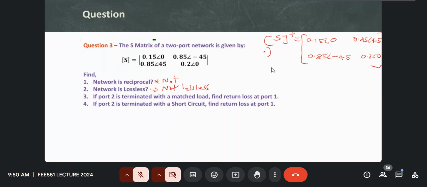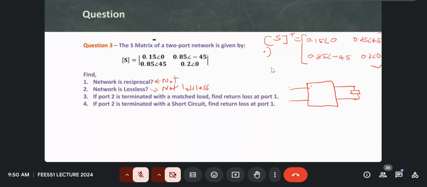Okay, and then number 3, if port 2 is terminated with a match load, find the return loss at port 1. What does a match load tell us for a network or for our analysis of a transmission line? Clement. Clement is not in the meeting.